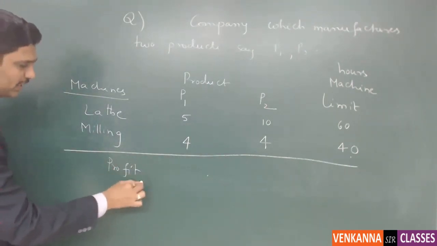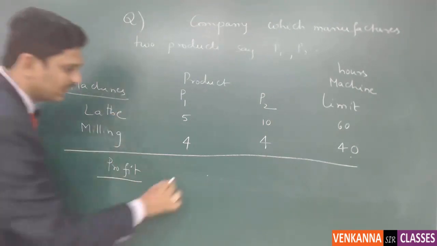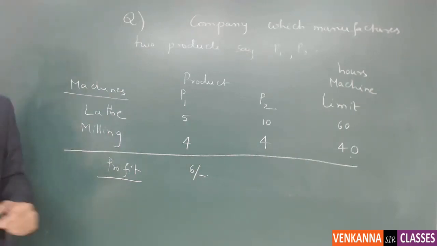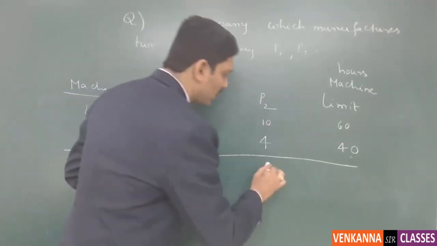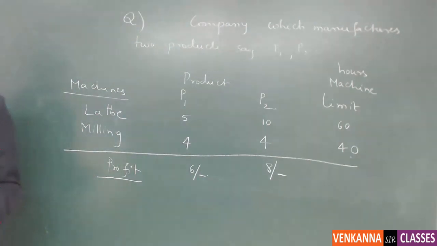The profit for the first product is 6 rupees, and for the second product, 8 rupees. So this is the data given in the problem.